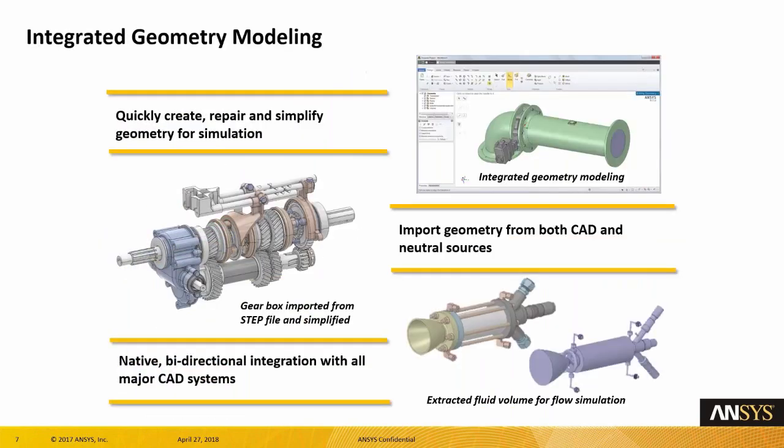There's an integrated geometry modeling. This again is a SpaceClaim that lets you bring in any kind of geometry from whatever source you have. Okay, bring those native geometry in. And AIM also has a geometry interface too, so you can actually bring over parameters and name selections from those different CAD products if you wish to.